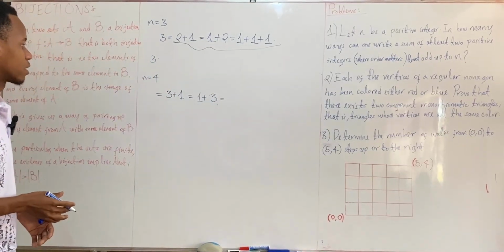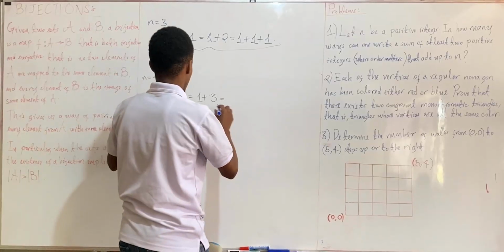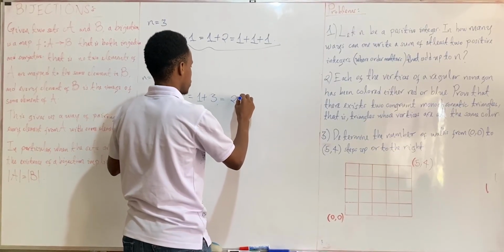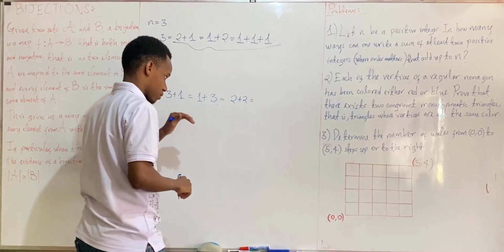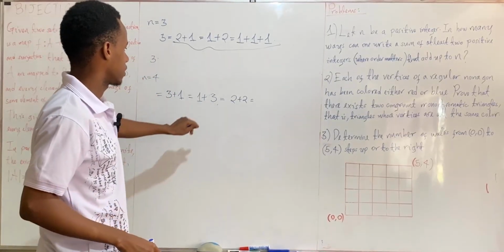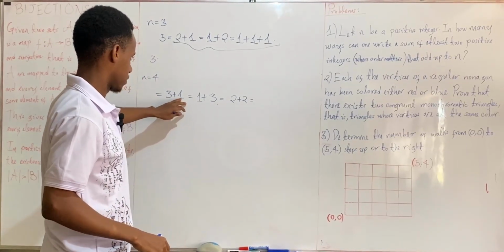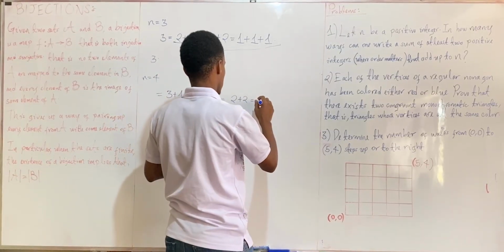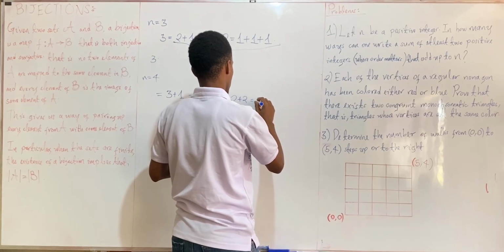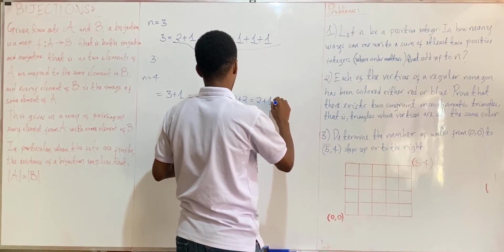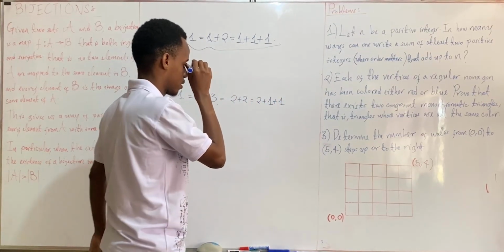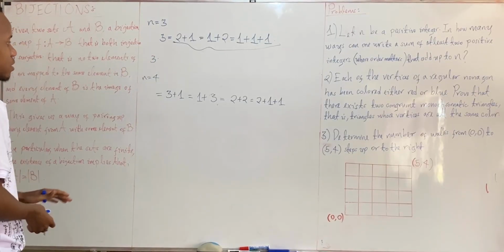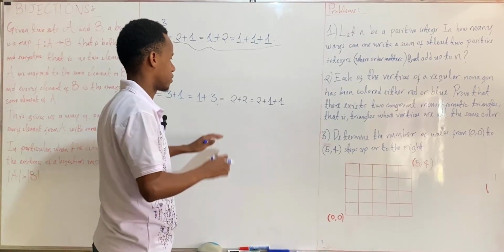Okay? How many other ways can we do this? You can express 4 as a sum of 2 plus 2. That's another way, which is clearly different from the previous two. And another way, you can express 4 as a sum of 2 plus 1 plus 1. Which is different from the previous ones.